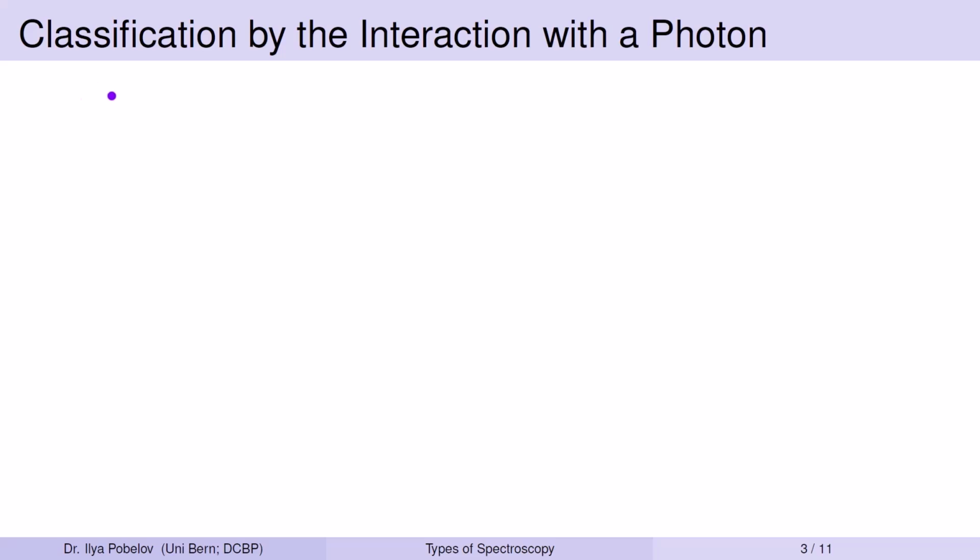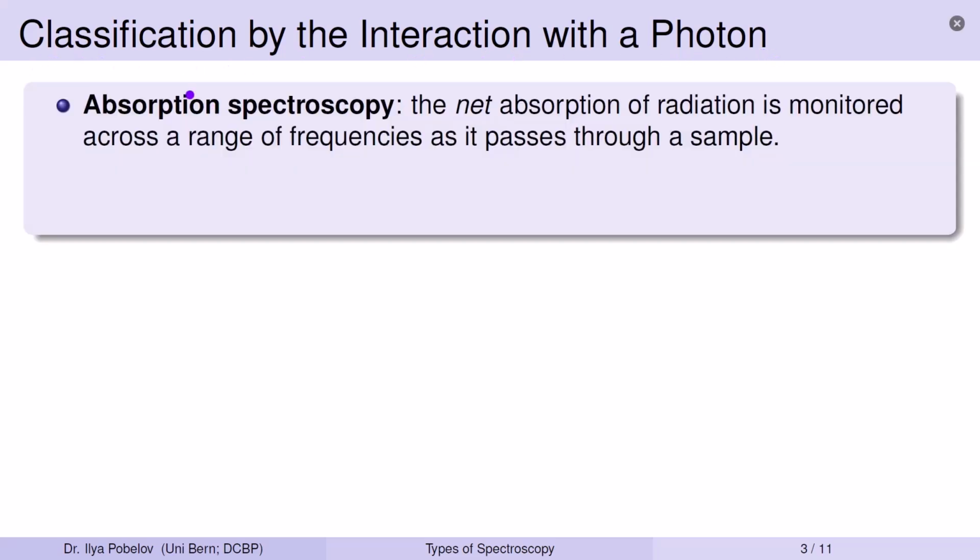The existing spectroscopy types can be classified based on the type of the photon-molecule interactions. In absorption spectroscopy, the net absorption of radiation is monitored across a range of frequencies as it passes through a sample.